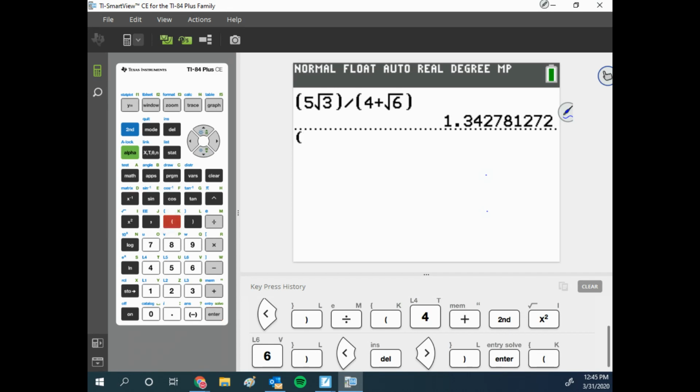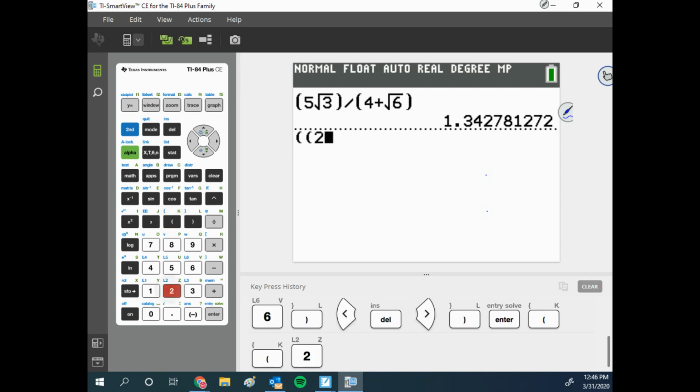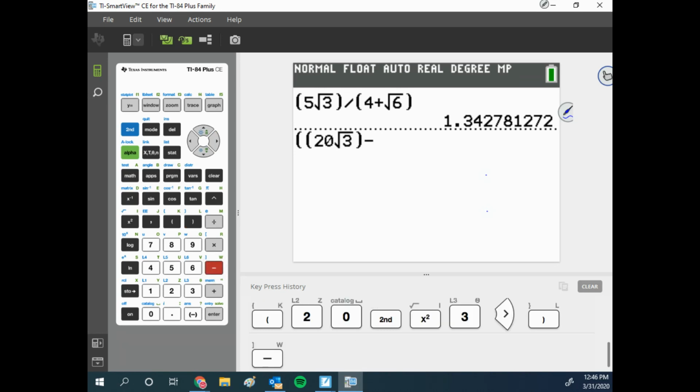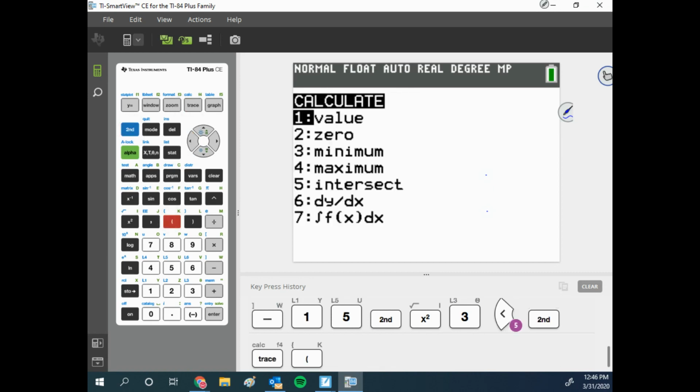So our answer, once we rationalize the denominator, I'm just going to put brackets around my term. So 20 square root of 3, bracket around the term, and bracket around the numerator. So 20 root 3 minus 15 square root 3. Oops, I should put a bracket around these terms just to make sure.